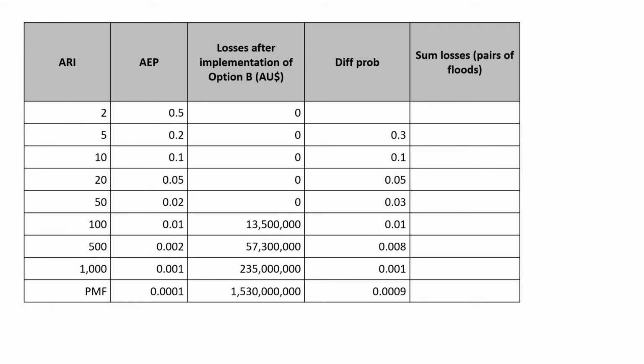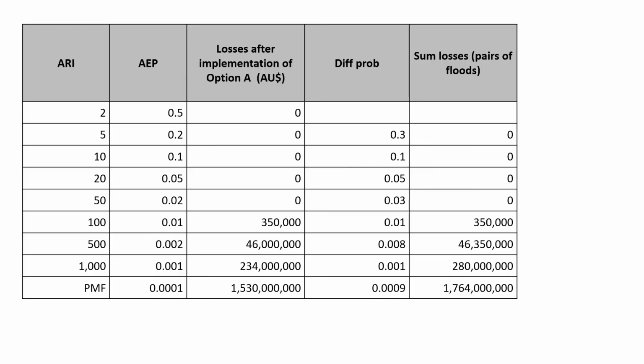For option B, it's the same. 0, 0, 0, and 0. Then 0 plus 13,500,000 equals 13.5 million. 13.5 million plus 57.3 million equals 70.8 million, and so on.